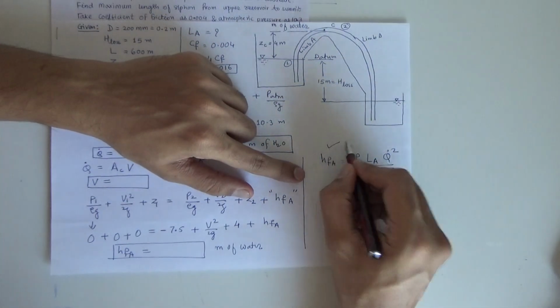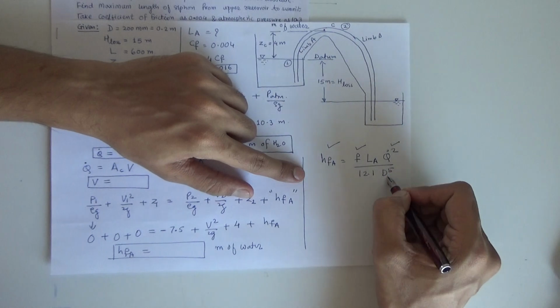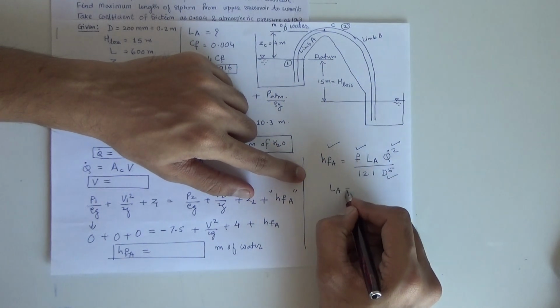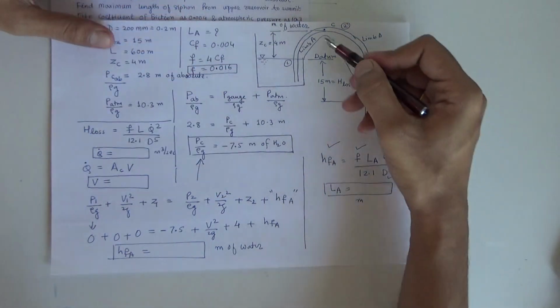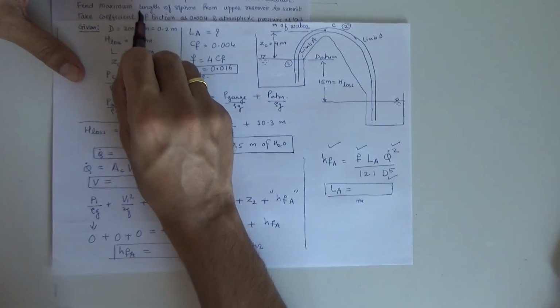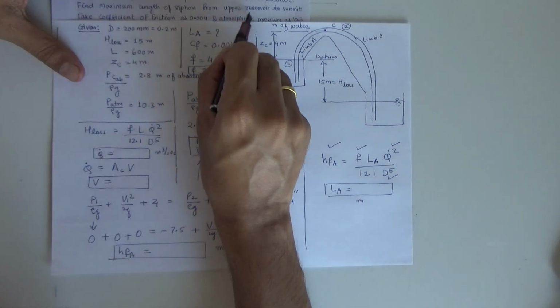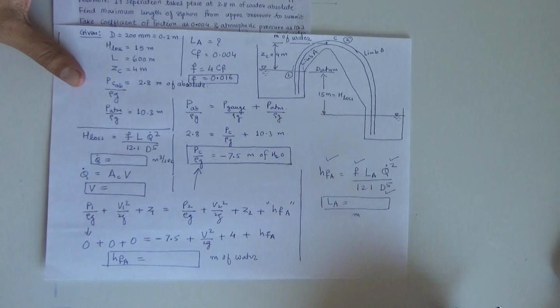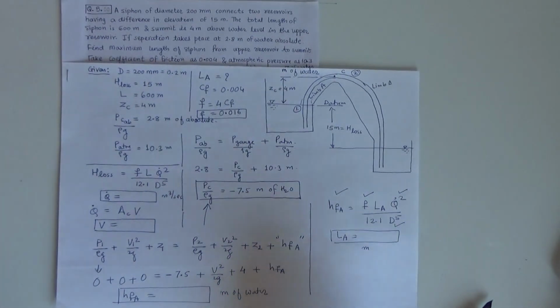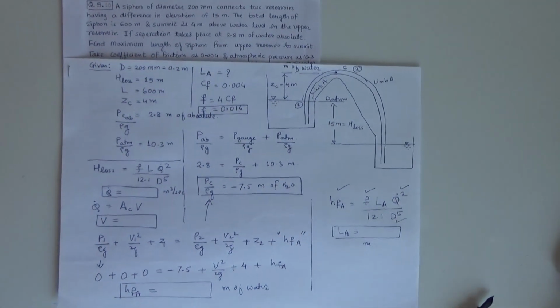You know HFA, you know F, discharge is known, diameter is known, so you can find LA, and that was asked. The length of limb A, the maximum length of the siphon from the upper reservoir to the summit. That is how we have computed this. I hope it is clear to you. Thank you very much.